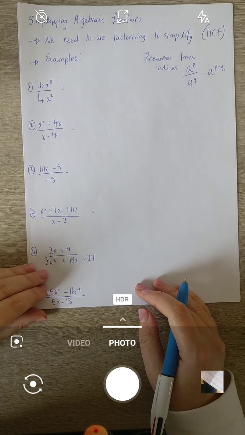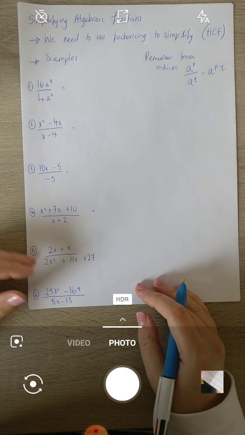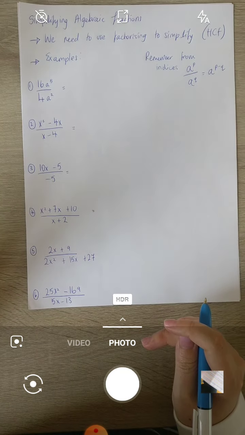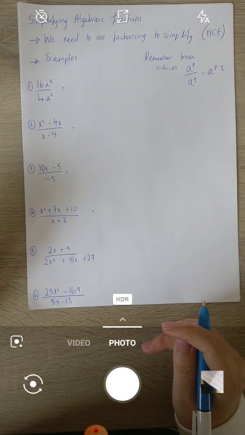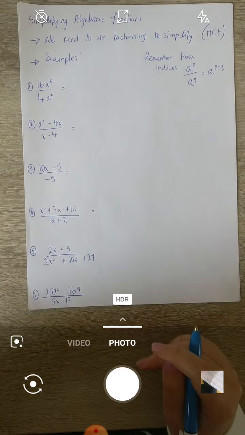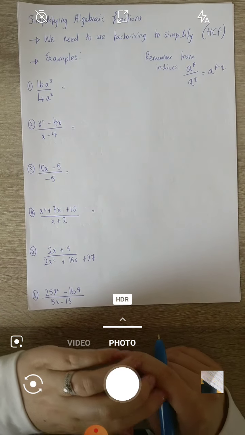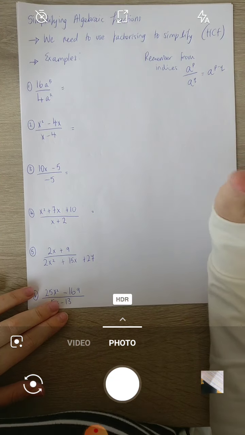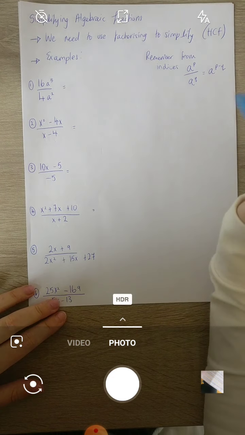Now this is important that we look at it now because you're going to see examples of highest common factor, you're going to see examples of difference of two squares, and you're going to see quadratic trinomials, and you're going to use each of those to try simplify these fractions. Okay, this is very important here from indices, and we will have to look at indices at another time.